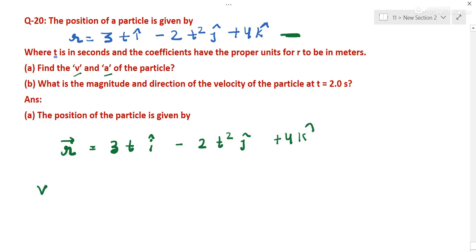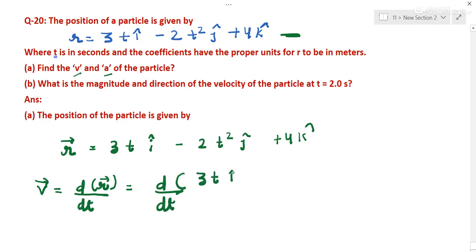So velocity, you know, is the rate of change of the position vector. Let us do differentiation: d by dt of 3t i cap minus 2t square j cap plus 4k cap.